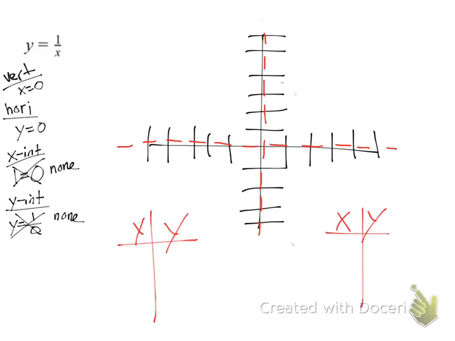Just showing that for every vertical asymptote, you add one more t-chart. Then all I'm going to do is pick x values around that vertical asymptote, but going in the opposite direction. I can't put 0 in, so on the left side I'm going to put -1, -2, and -3. And on the right side, 1, 2, 3.